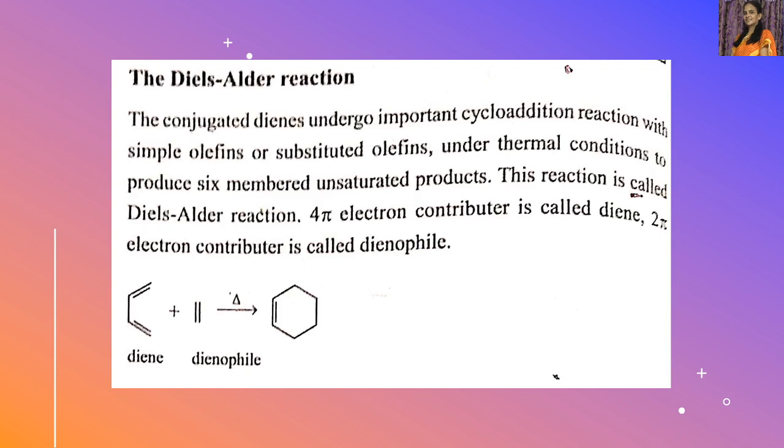First, the 4 pi electron contributor is called diene, this one. And the second one participating in this reaction is a 2 pi electron contributor, that is known as dienophile. The one which likes diene is called dienophile. Phile means loving, liking, seeking. So this one seeks diene, therefore it is called dienophile. So diene plus dienophile gives rise to an unsaturated cyclic compound, a cyclic adduct.